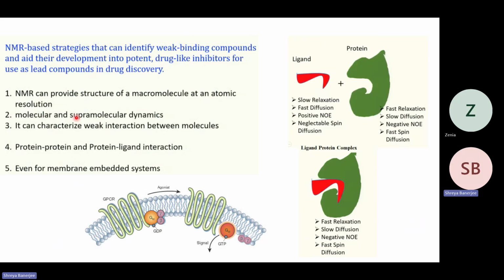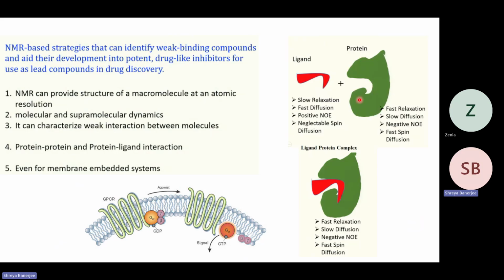It can give an idea about molecular and supramolecular dynamics. It can characterize weak interactions between molecules, the protein-protein and protein-ligand interactions, and even membrane-embedded systems. So these are proteins that are embedded within the membrane, but even an idea of these can be gotten from NMR.